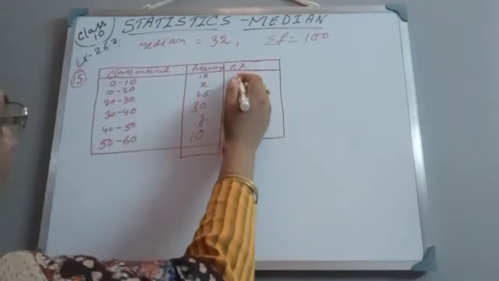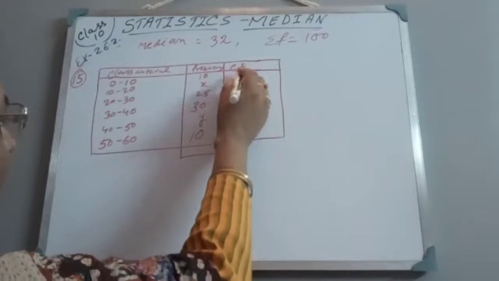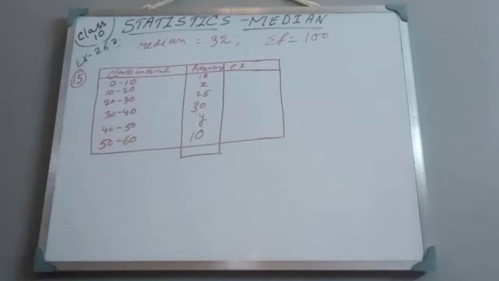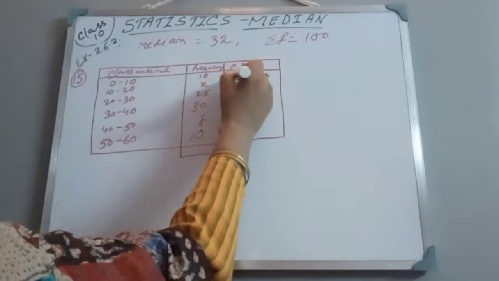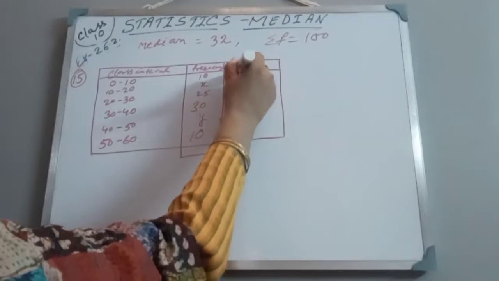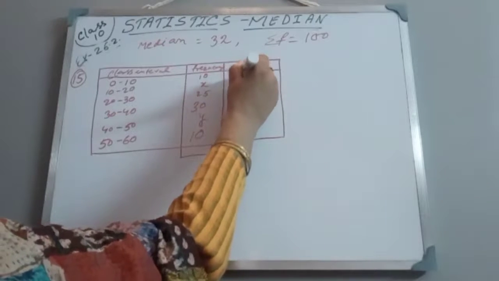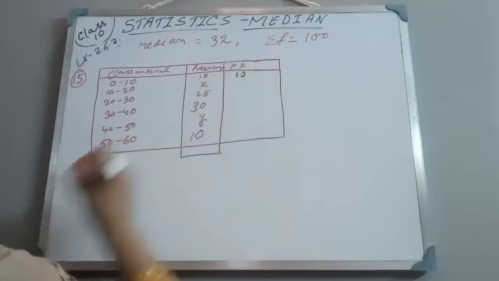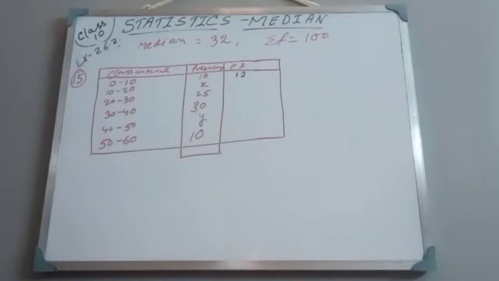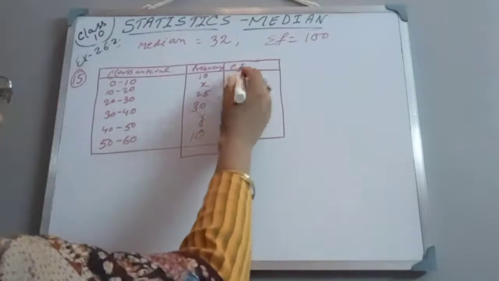Now cumulative frequency, as we know, is the running frequency, so it will be 10 again. This is again 10, and next will be 10 plus x.